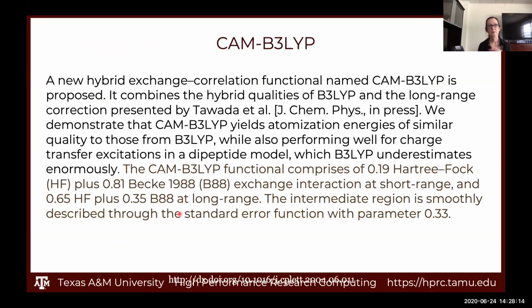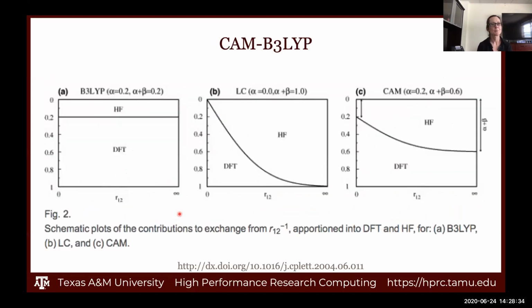Okay, so I've already talked about this. CAM-B3LYP has a splitting function that lets you get long-range corrections, okay, and gets better UV-vis spectra calculations or excitations. So if you're interested in doing something like that, you might want to look a little bit more into the CAM-B3LYP.